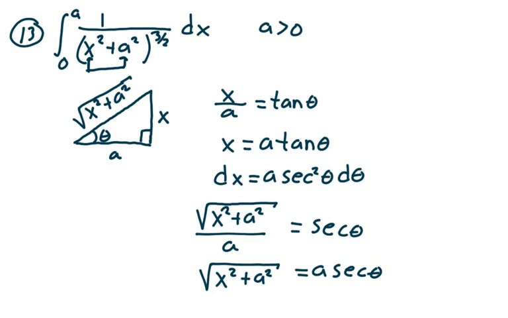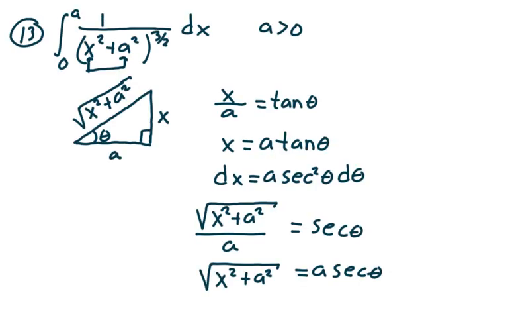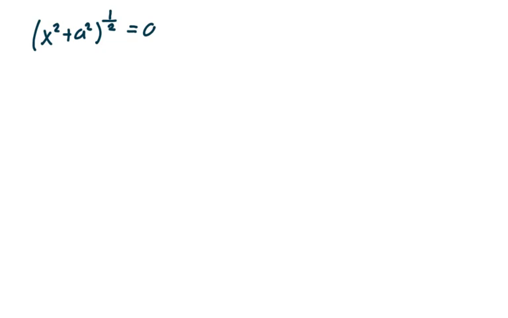Now, we're almost ready to make our substitution, but not quite yet. Okay? What do we need to do? Couple things. I need to get an expression for x squared plus a squared to the 3/2. So, if you don't mind, can I say x squared plus a squared to the 1/2, right, equals a secant theta?